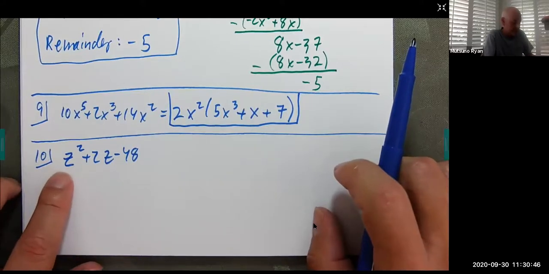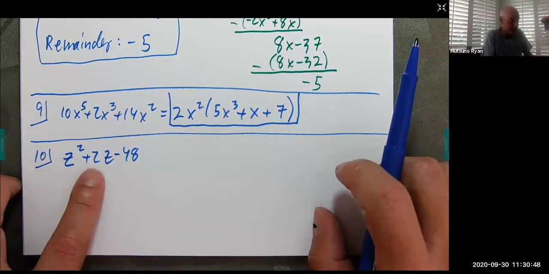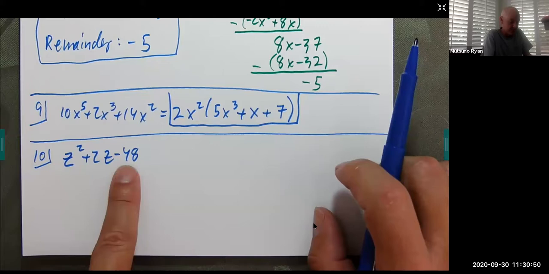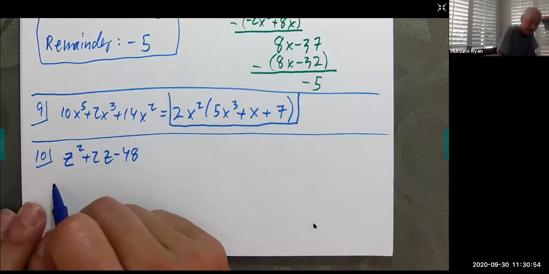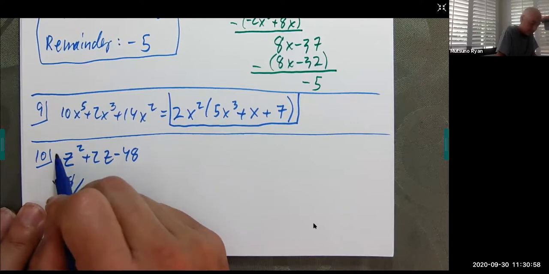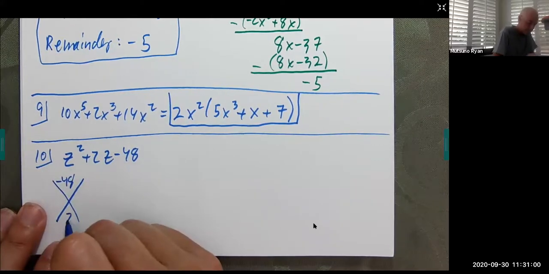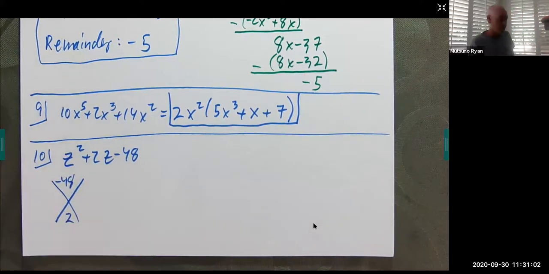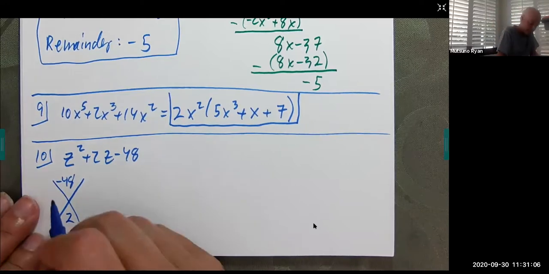The number in front of the z squared is a 1. The number in front of the z is a 2. And the last coefficient is a negative 48. So the way I teach it is I teach the diamond. Negative 48 times 1 goes up front. Down below goes 2. And I need 2 numbers that when I multiply, I get negative 48. And when I add, I get positive 2.